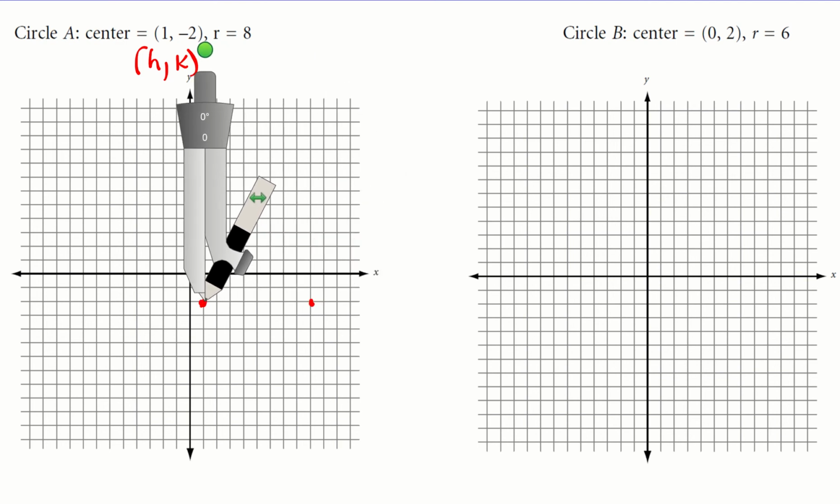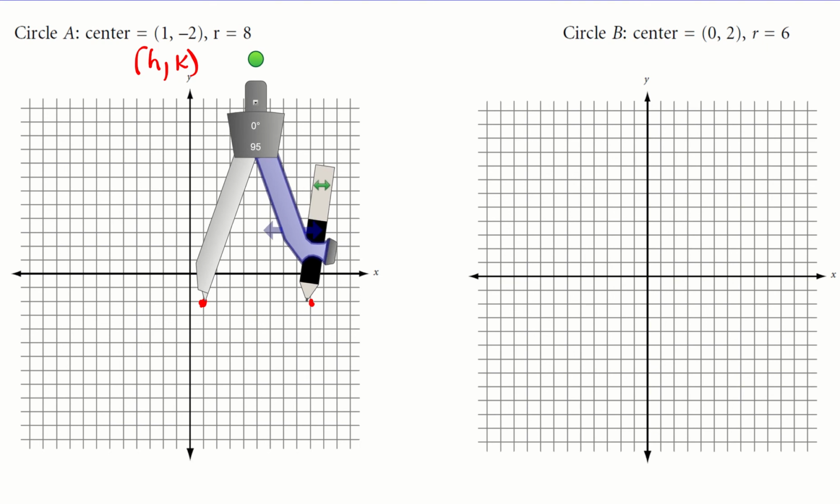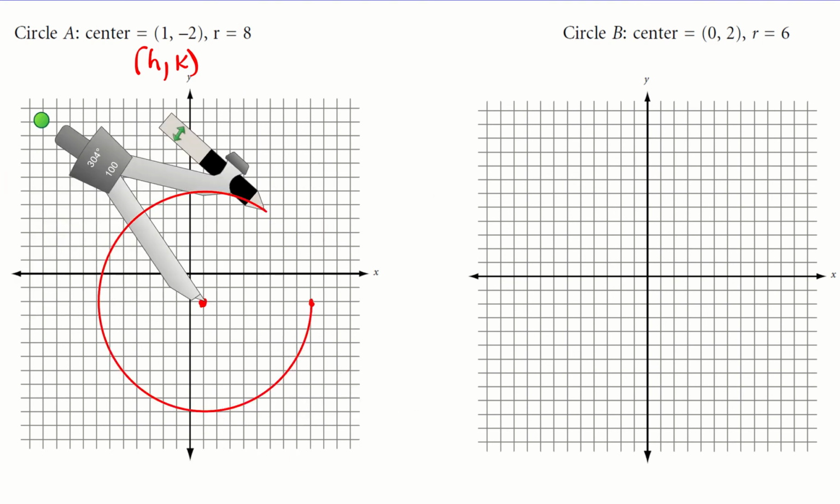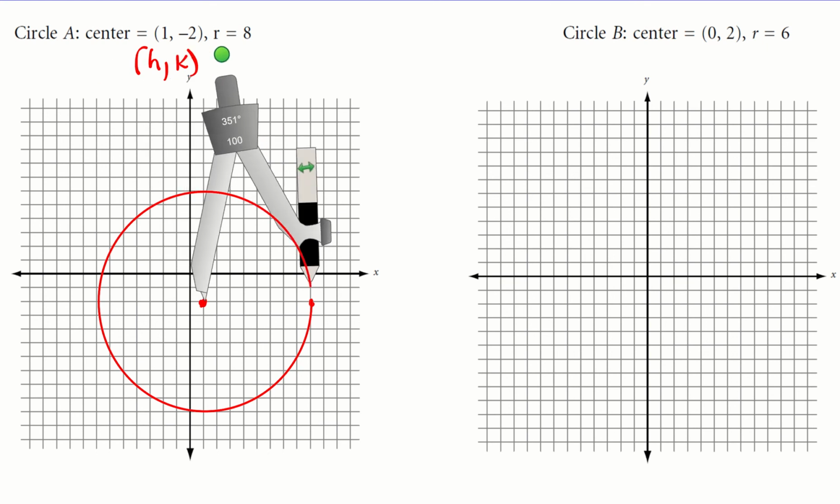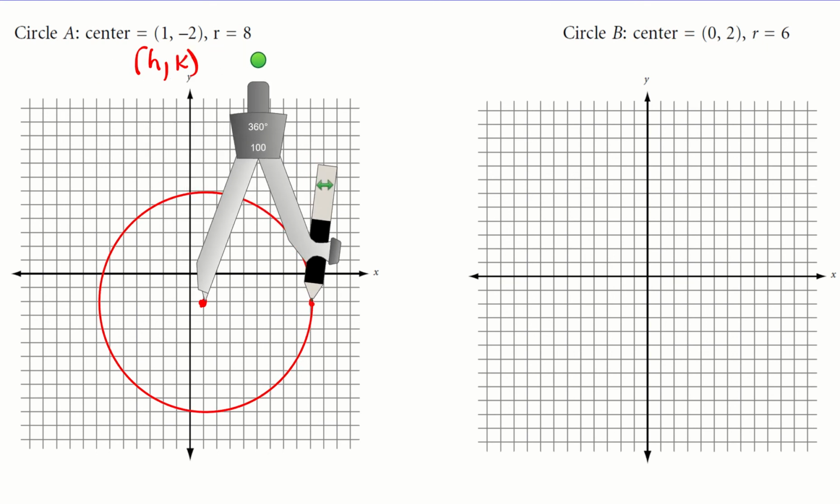Then put the compass point at the center, (1, -2), and open up your compass so that the pen tip marks a radius of 8 units in length. And there you go. There is a circle with the center at (1, -2) and a radius of 8.